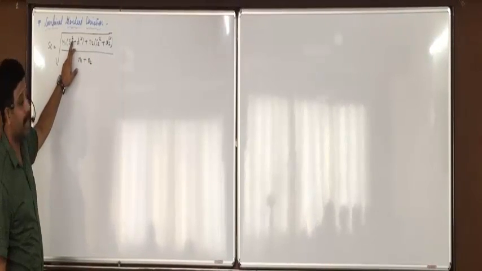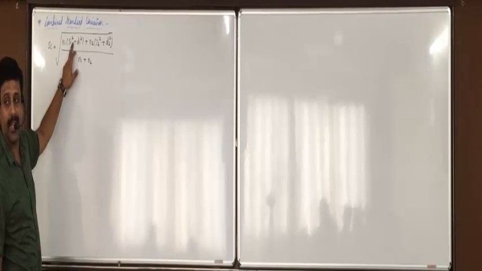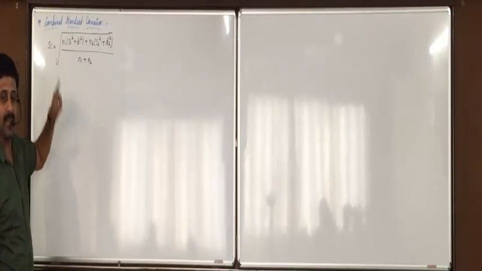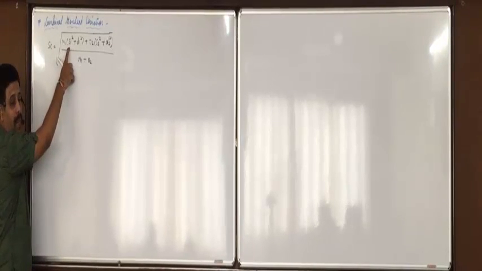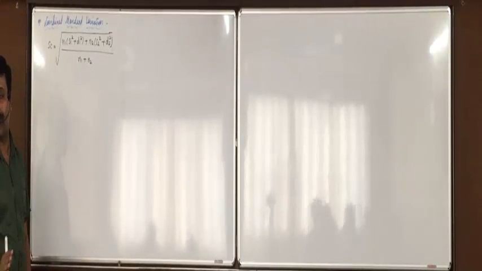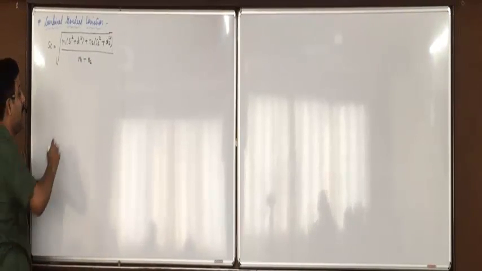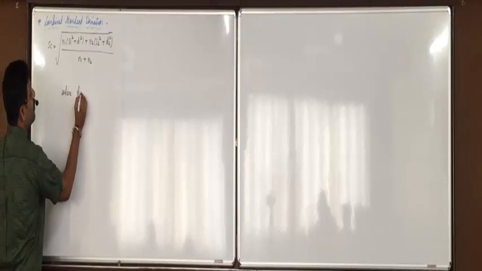What is s1 square? Variance of group 1. It is squared. s1 square is the variance of group 1. s2 square is the variance of group 2. Now what are this d1 and d2? D stands for deviation.